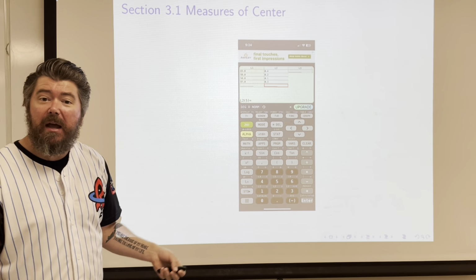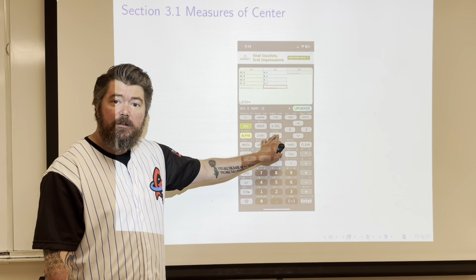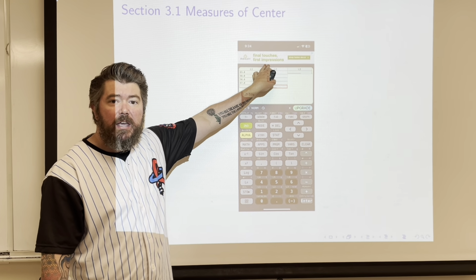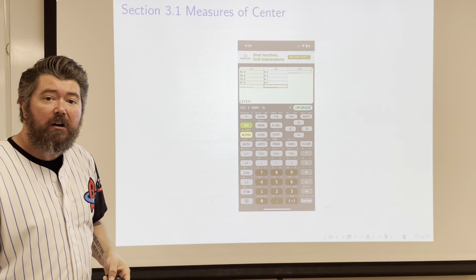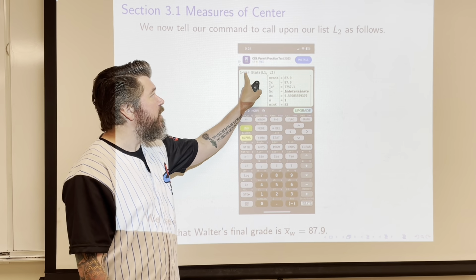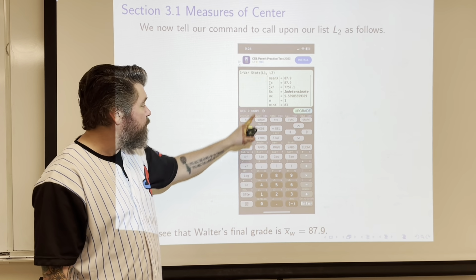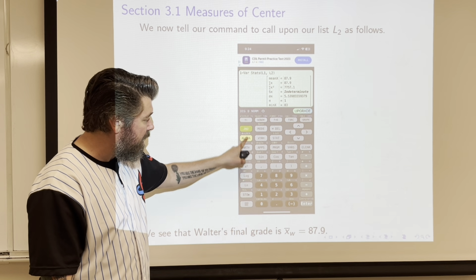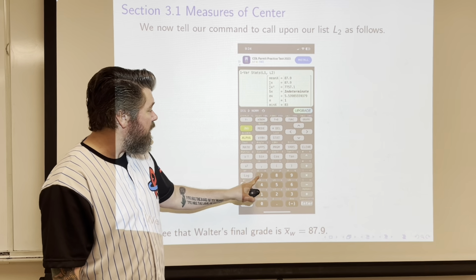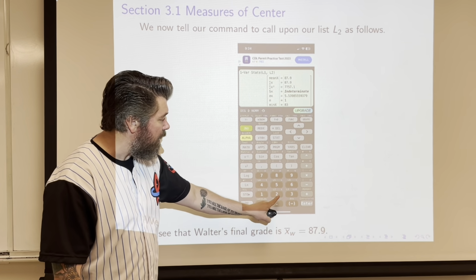This will take me back to my home screen, and then I'm going to click my stat button again, highlight calculate and enter my 1-Var Stats, exactly as we did in the last example. However, this time, when my command pulls up, I click second and number 1, and this will give me my L1, and then I'm going to click my comma, and then second and number 2.